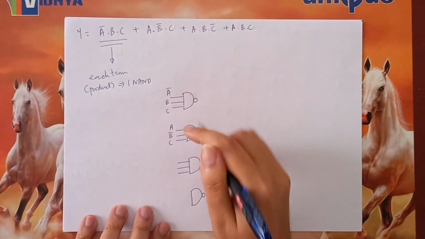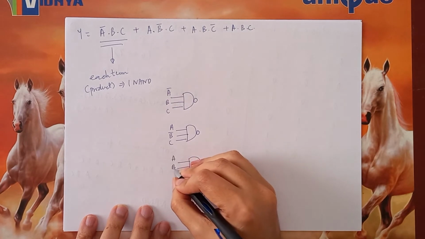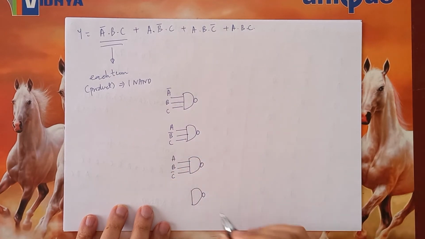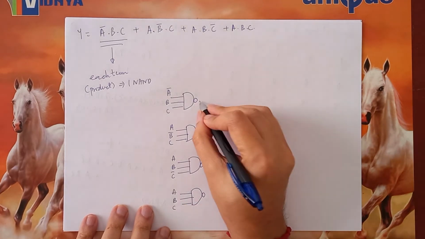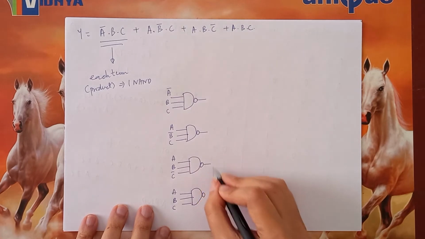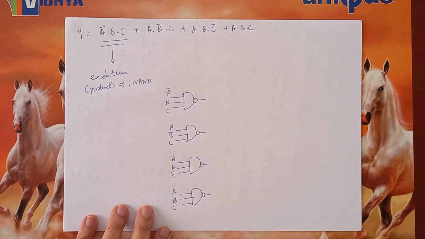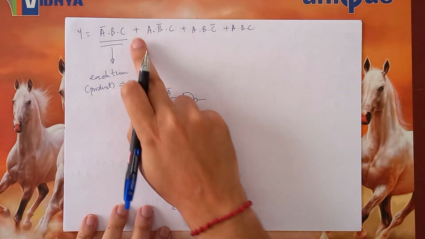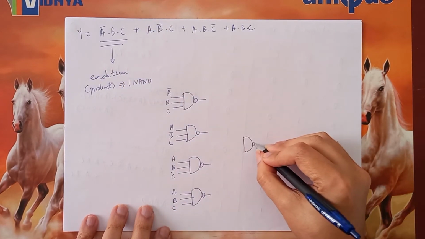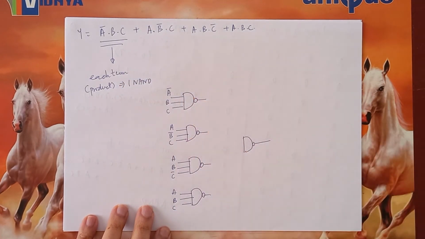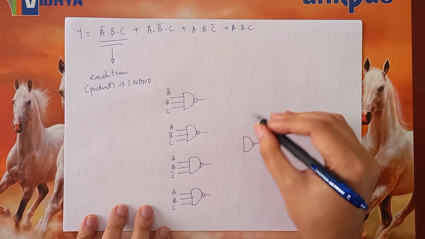For the third term, you have A, B and C bar. Then you have A, B and C. So you have 4 NAND gates corresponding to each product term. Finally, you will have one NAND gate to combine all of these individual outputs.